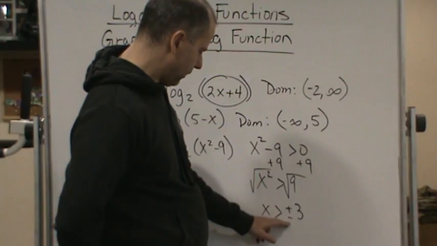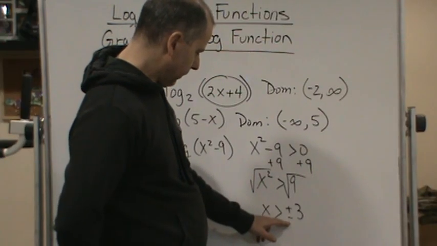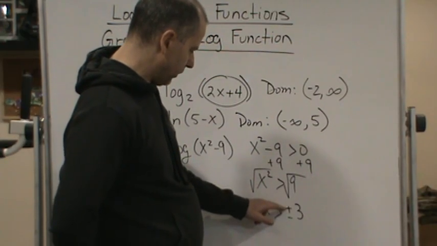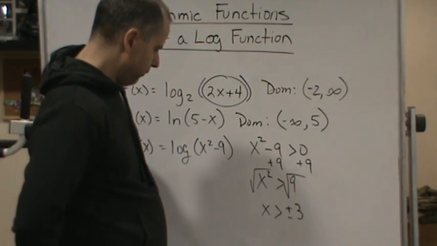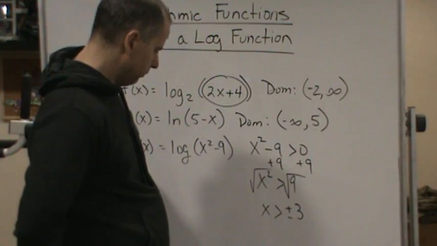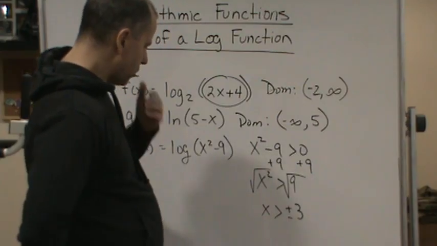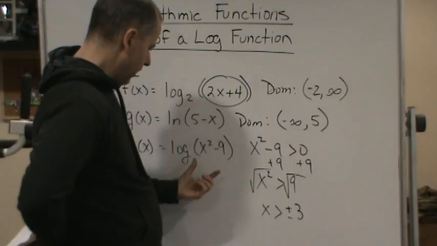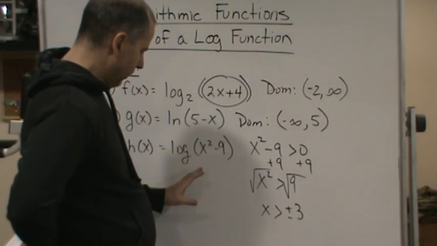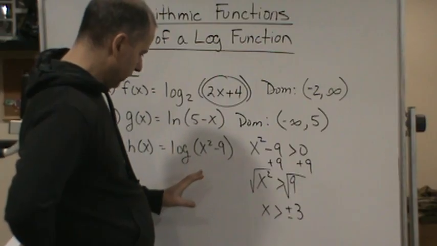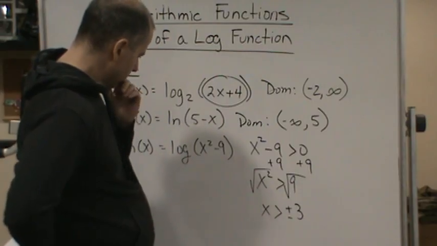If you say greater than negative 3, you also include positive 3 in there. Okay, so what that means here is the only values that will make this negative are the values that are in between. Let me think about this.